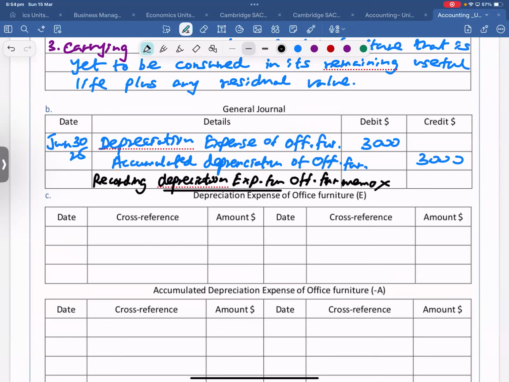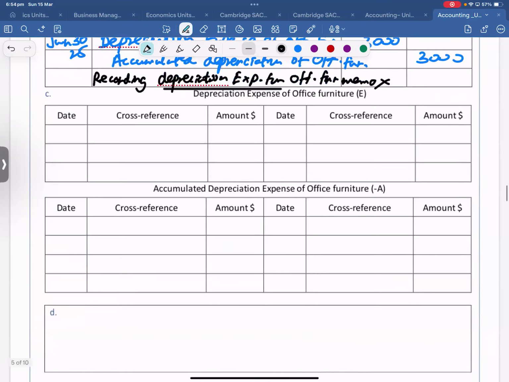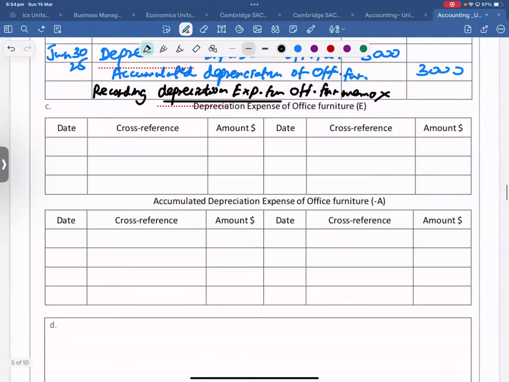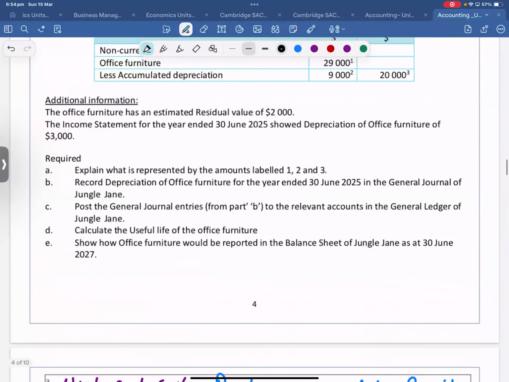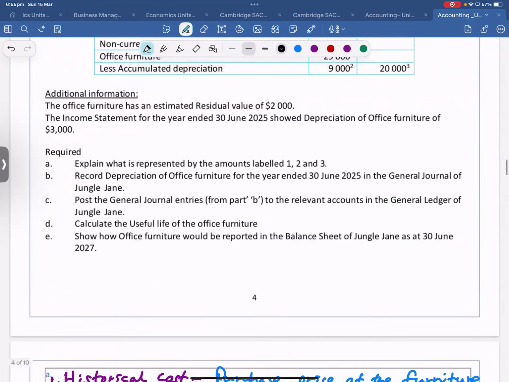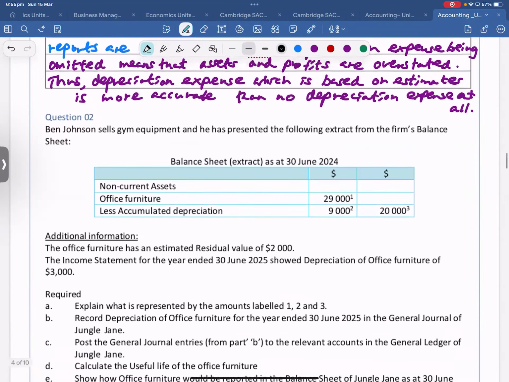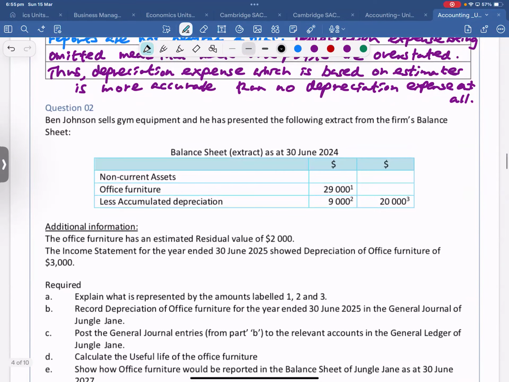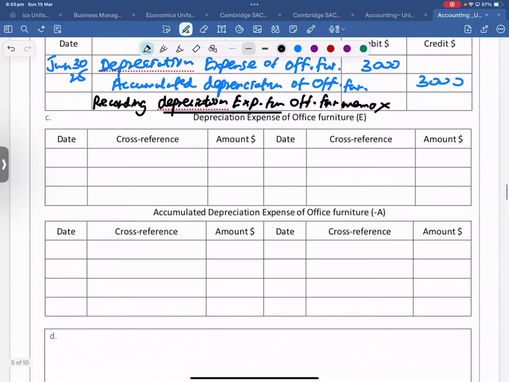Right. Then what's the double entries, guys? Yep, the double entries. Ledger account for part C. Post the general journal to the relevant account, general ledger.